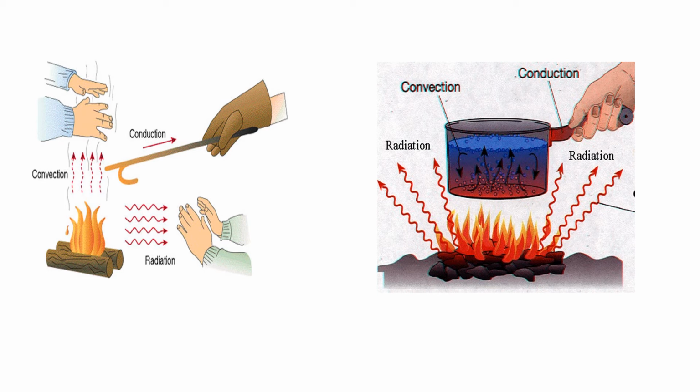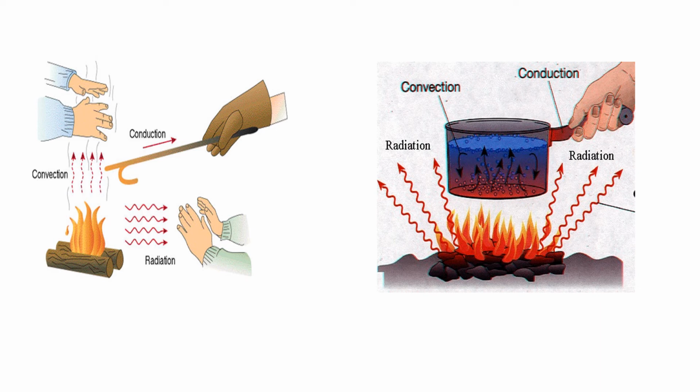The same is explained using a kettle which is on top of the fire. Radiation exists in all directions because it is a hot object radiating heat. Convection takes place inside the fluid with cyclic movement. The hot water goes up and the cold one takes its place. In a cyclic manner, convection takes place and the water inside the vessel gets heated up.